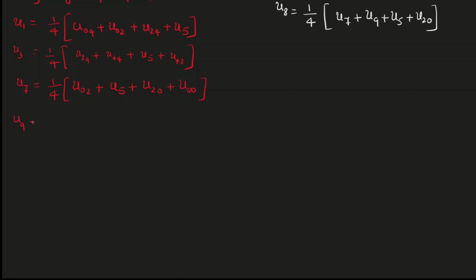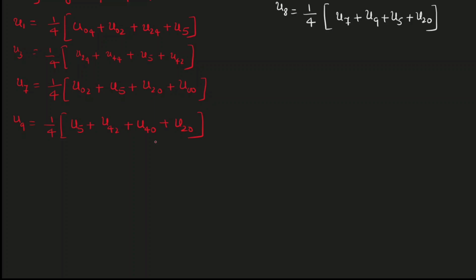Similarly, we can write U9 as 1 by 4: U5 plus U42 plus U40 plus U20. Yes, these are the grid values for even squares and odd squares.